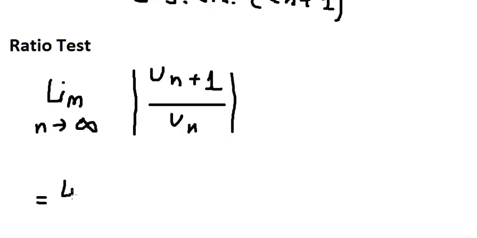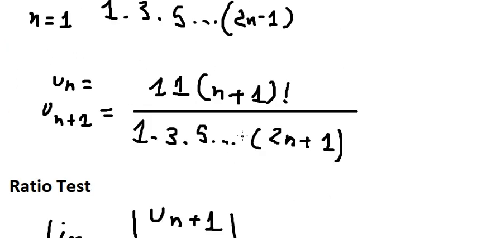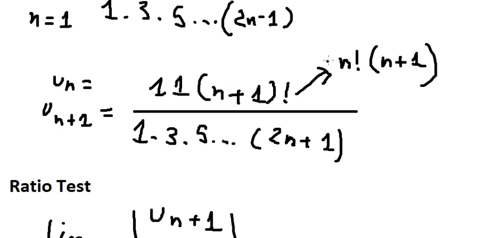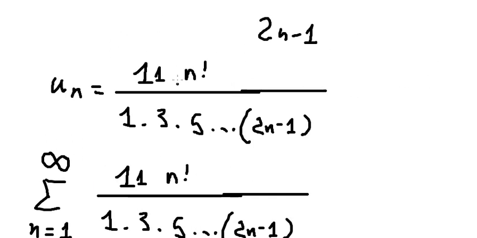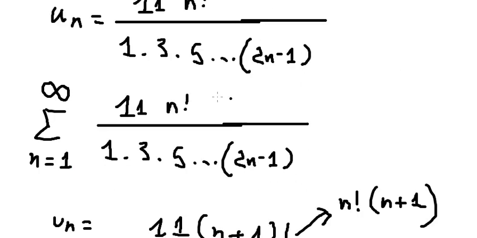So for this one, we can see that n factorial, this one is n plus 1 factorial. We can convert it into n factorial multiplied by n plus 1. So n factorial divided by this one, we just have only n plus 1.